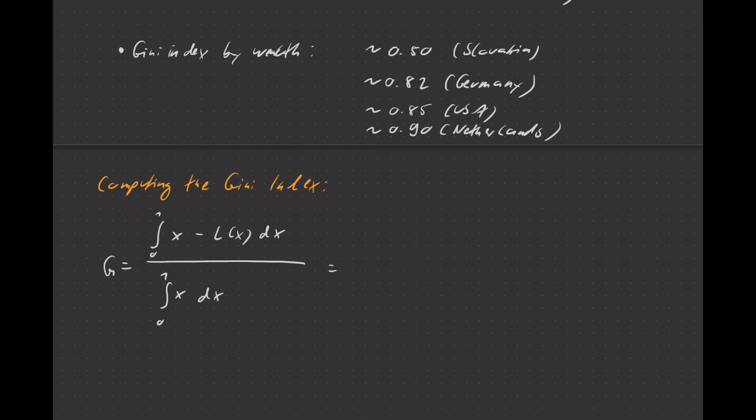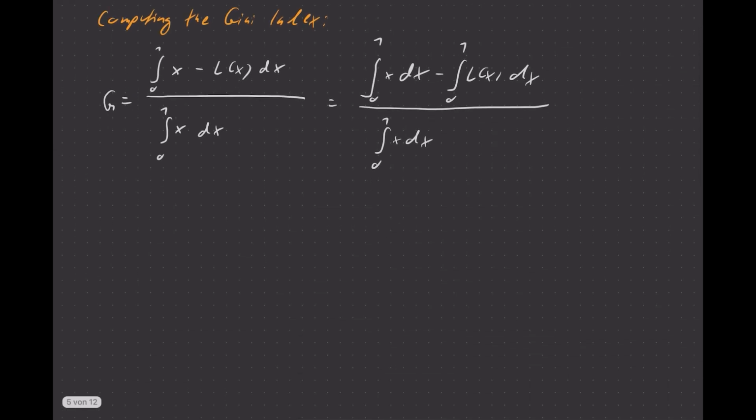Now, if you want to compute that, we can, of course, just split up this integral up here. So that's the integral over x dx minus the integral over L of x dx. And here we also have the integral over x dx. And that one we can compute.